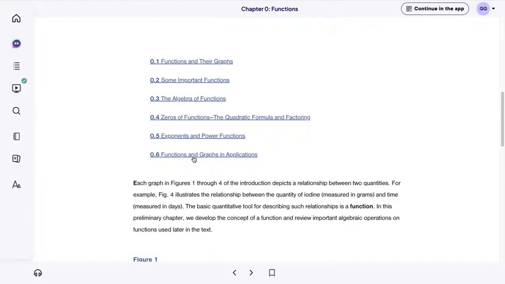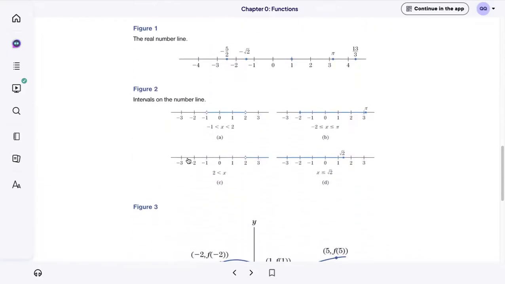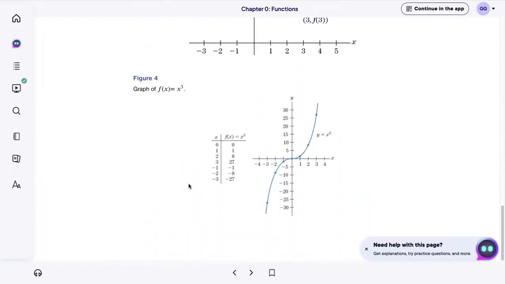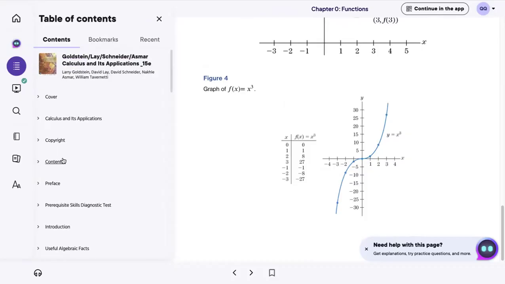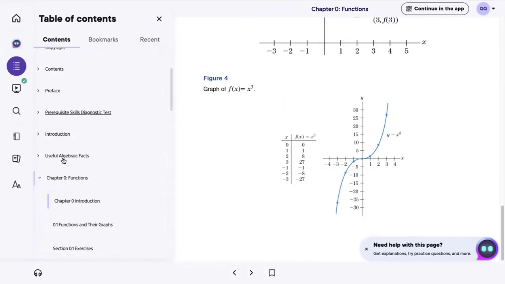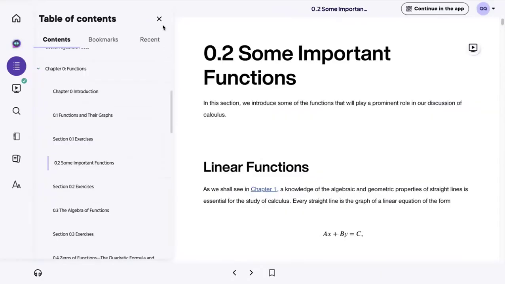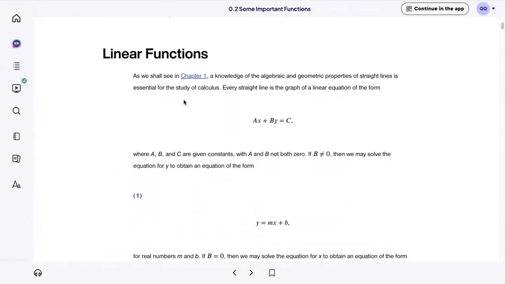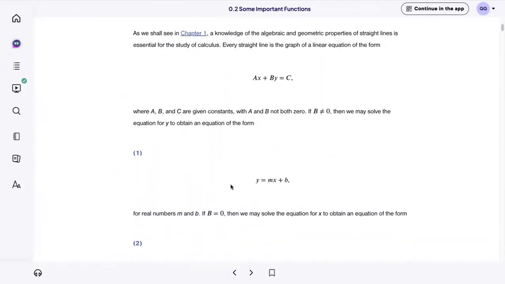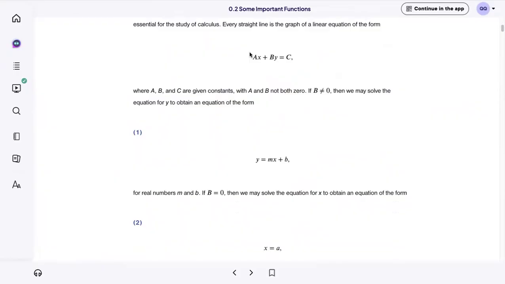Exponents and the power functions, all right. A linear function can be written in the standard form like this: ax + by = c.